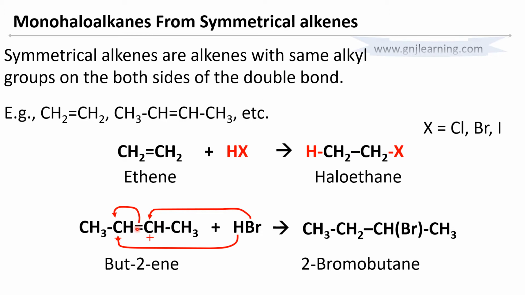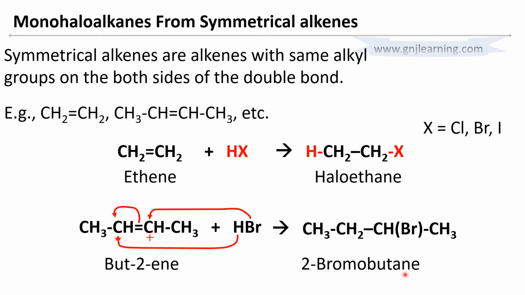Now let us assume that this electron is moving onto this carbon. If the electron is moving onto this carbon, it will be negatively charged and this will be positively charged, isn't it? Then Br will be moving to here. Instead of this one, Br will be here and H will be here. So is it the same compound? If Br is here and H is here, yes. If I number again, it will be the same compound.